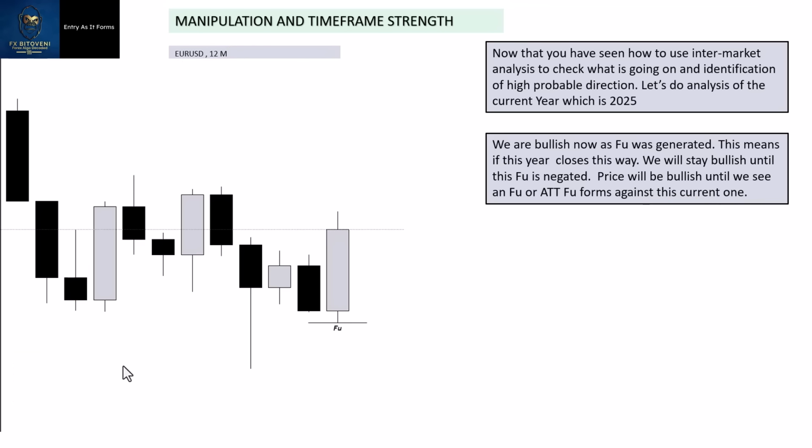If you have to ask me where are we going, we are going up, because I've given you proof, right? What is going to happen if this year, 2025, closes bullish? For example, let's say it closes like this. Assume this candle has closed. Let's take an example. Again, two things will happen.